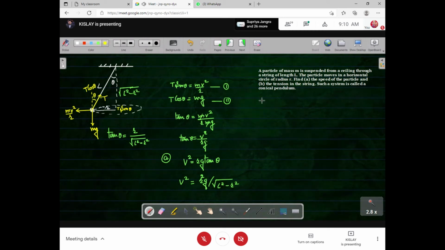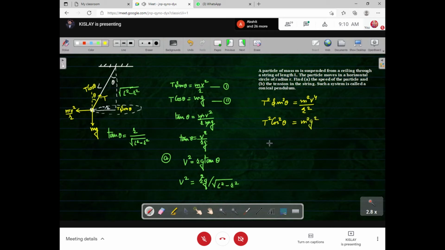We will get T square sine square theta is equal to m square v to the power 4 upon r square. I have made the square on both the sides. T square again for the second: T square cos square theta is equal to m square z square.